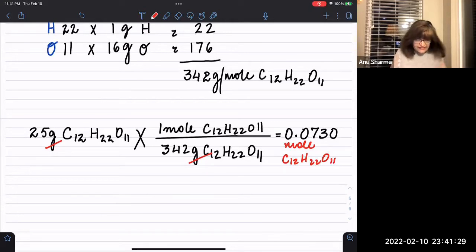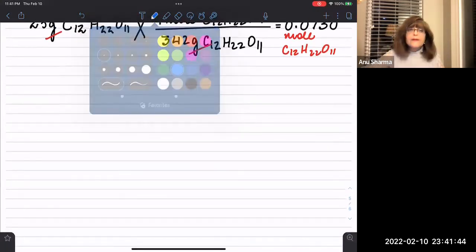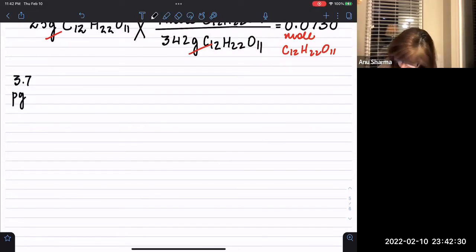So that is 3.6. Next is 3.7. Our next problem is 3.7, and this is on page 141.